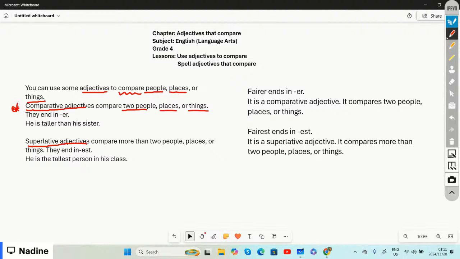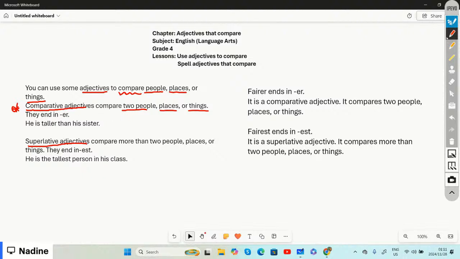Or let's say your sister, then we can say he is taller than his sister.